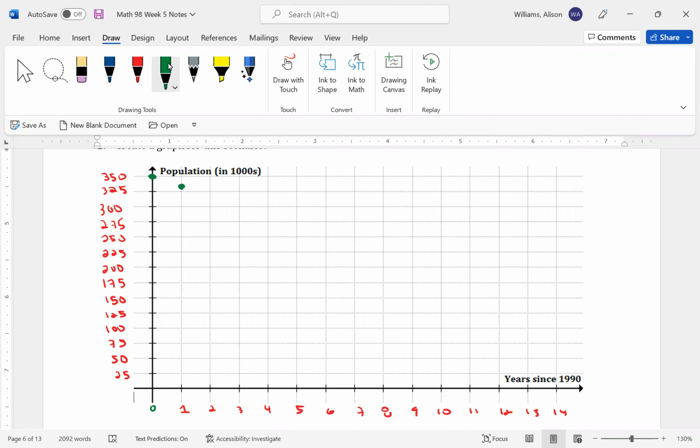Year two, that was 320. So 320 should be pretty close to that one. Year three, it came out to 305, so a little bit above here.